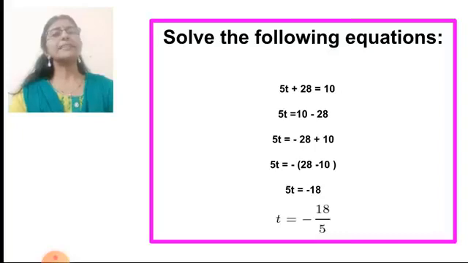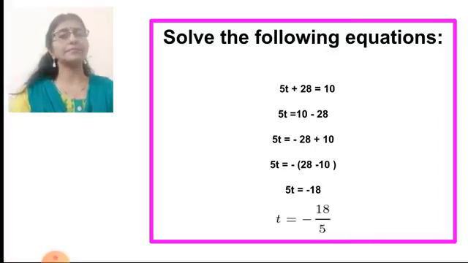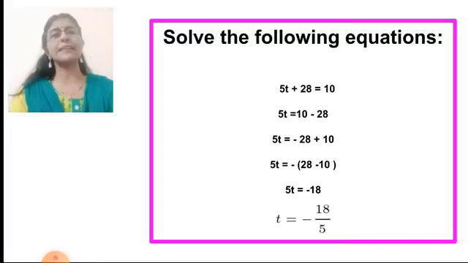Now to get the variable t, we have to divide, as 5 is multiplied by t. So to get only t, we have to remove 5. So 5t will be divided by 5, so 5 will be cut.